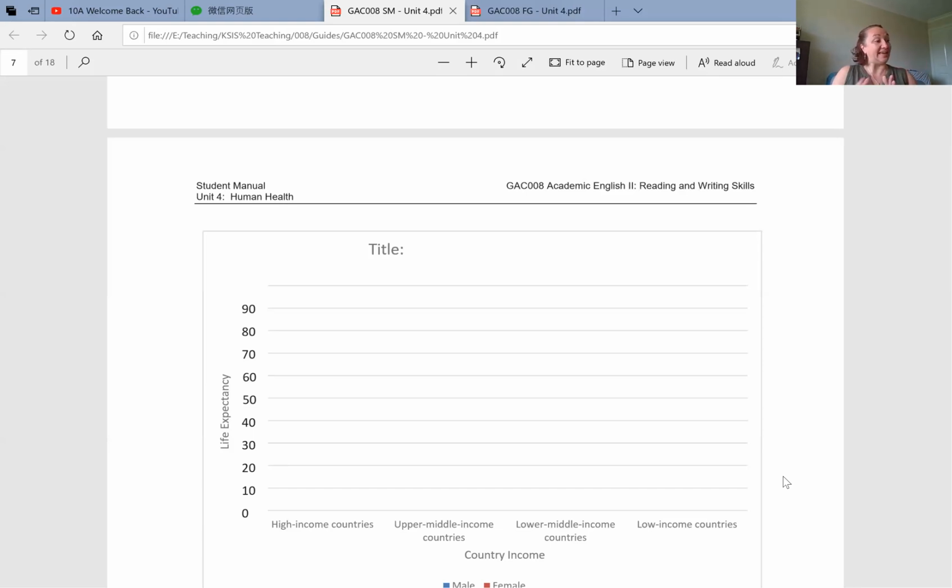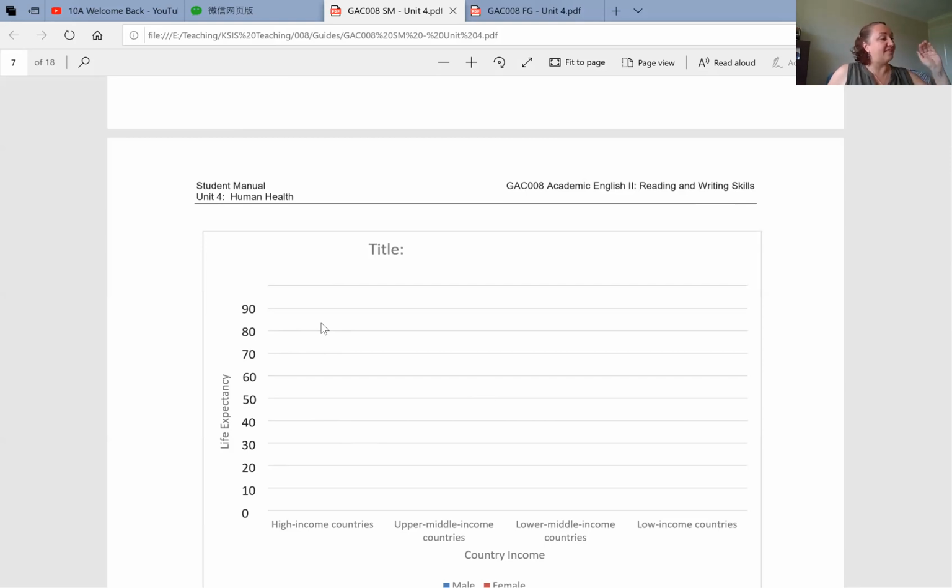The high income group for both men and women has the highest life expectancy for both groups. Male life expectancy is 76 and female is 82.